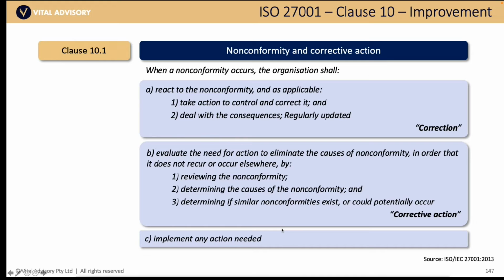So the key to closing out nonconformances isn't just to do the thing you didn't do, it is to understand why we didn't do it and to make sure that can't happen again. Because if you don't do this last part, then the thing is going to keep failing at regular intervals.